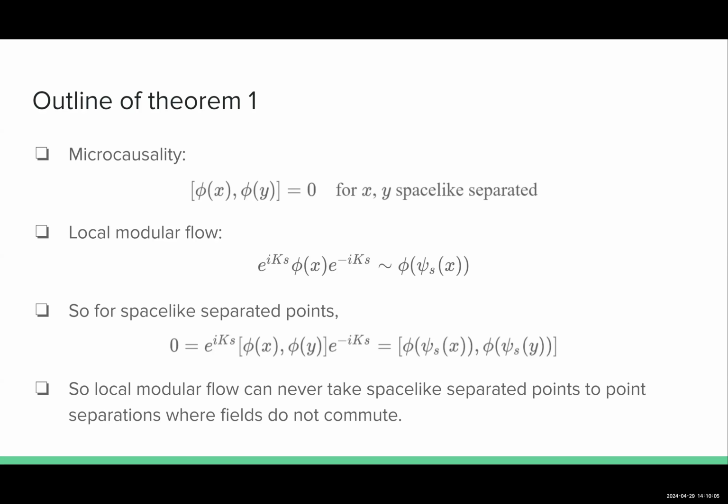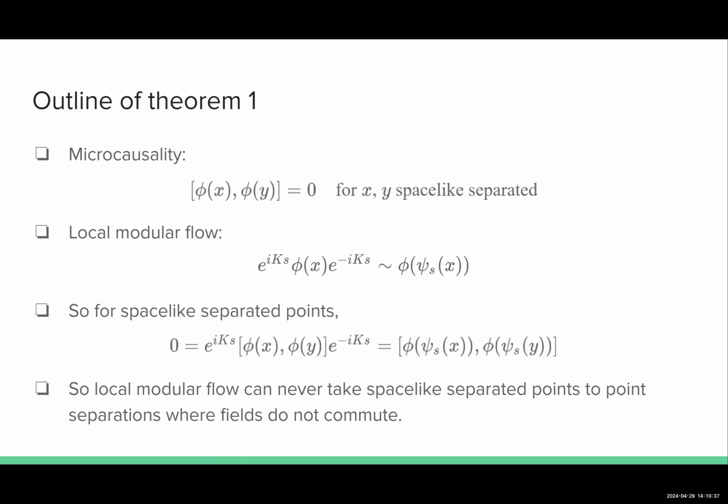And what I mean by a modular flow being local is that if I have one of these modular Hamiltonians K, then what it should do when I act on the field operator with it is it should send it to a field operator at a different point in spacetime that's related to the first point by some group of diffeomorphisms. I've written a tilde here instead of an equals to just remind you that if this had some spin or some non-trivial scaling dimension, there might be some linear transformation here as well, in addition to the moving of the spacetime point. But we'll forget about that because we're thinking about a real scalar field.